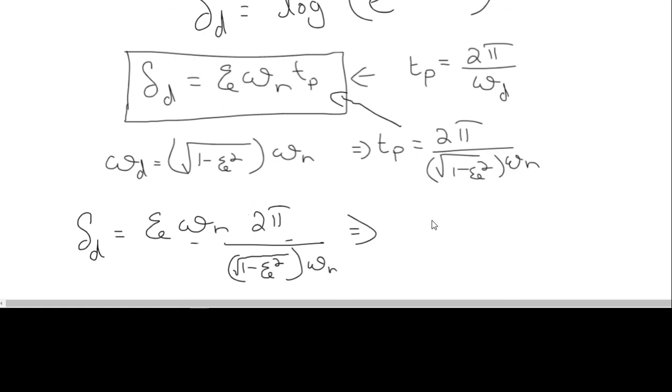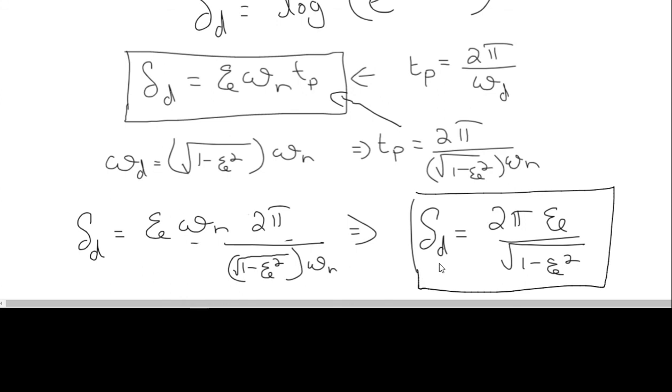So simply you will get the logarithmic decrement equal to epsilon times 2 pi, that is 2 pi epsilon over root of 1 minus epsilon square. This is also another equation you can use for logarithmic decrement.